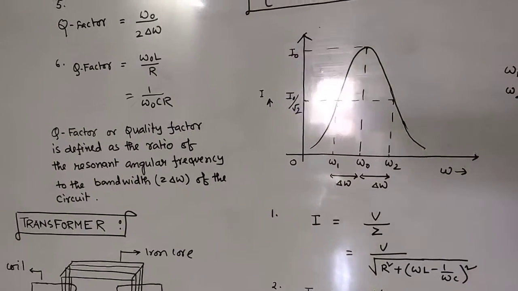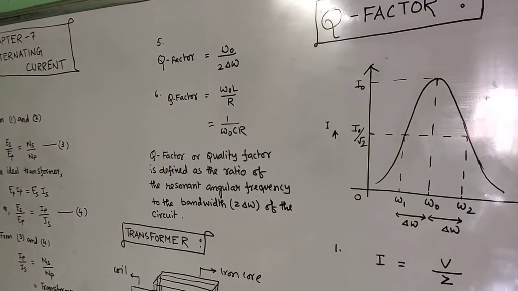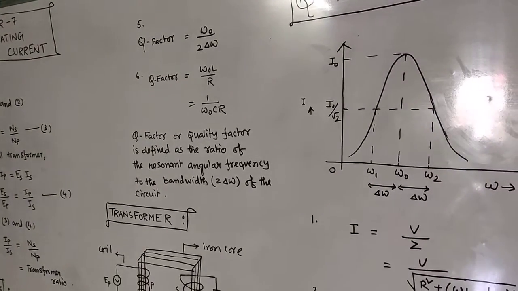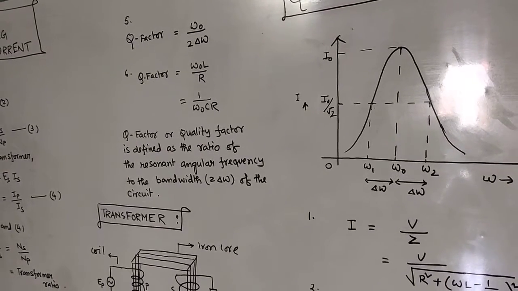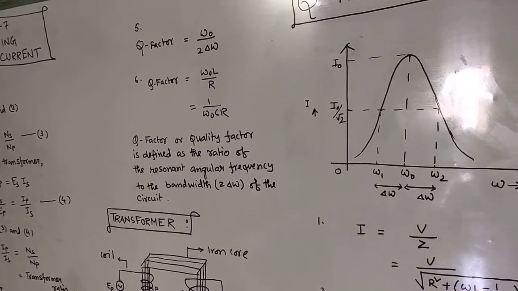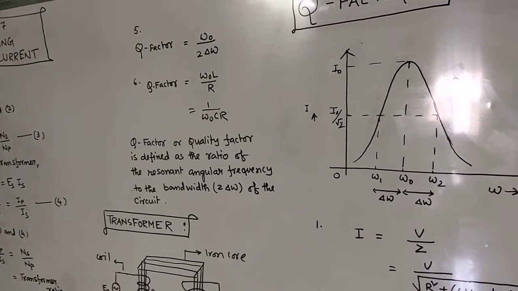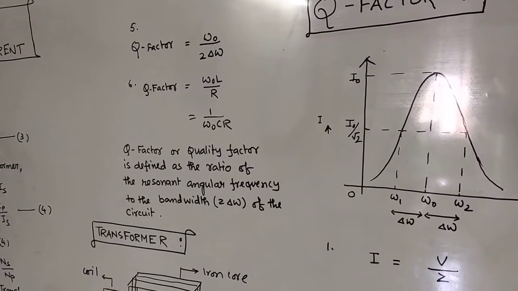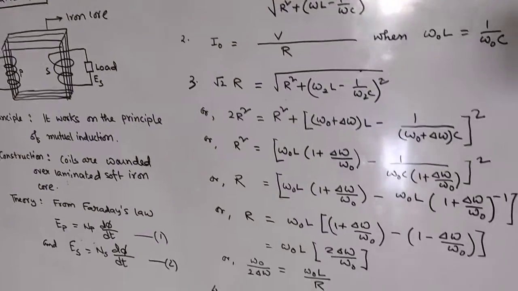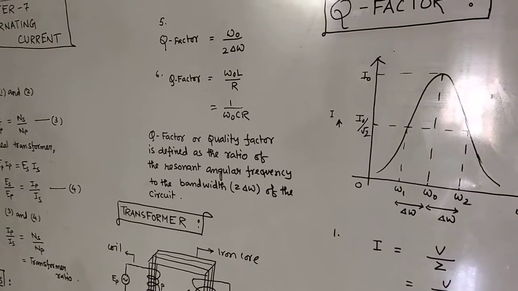Now you can predict Q factor will be high if 2Δω is less, and 2Δω will be less if there is a sharp fall of the rise. If there is a sharp fall of the rise, then the width becomes very small, and in that case the Q factor will be very high. So ω0 by 2Δω, you can write ω0L by R as already defined, or 1/(ω0CR).